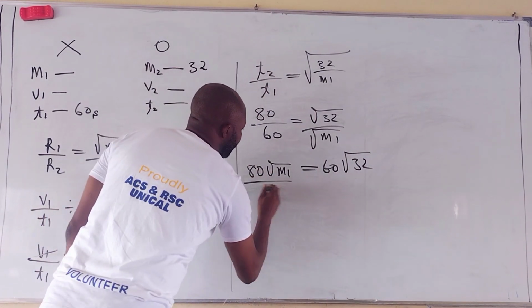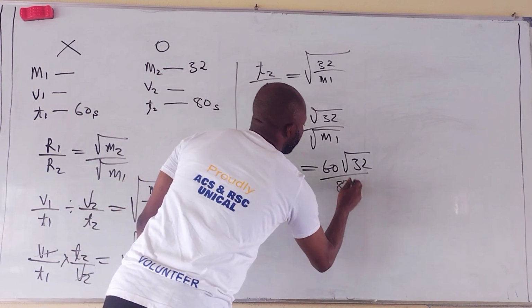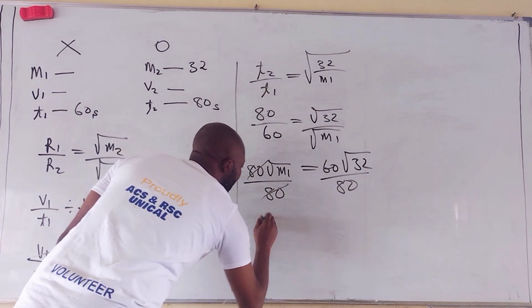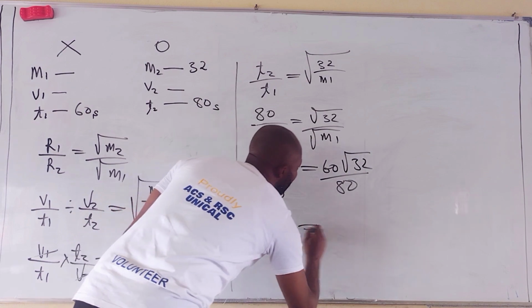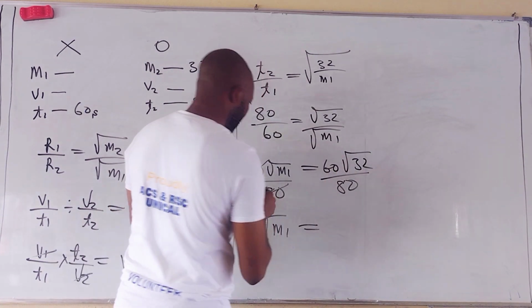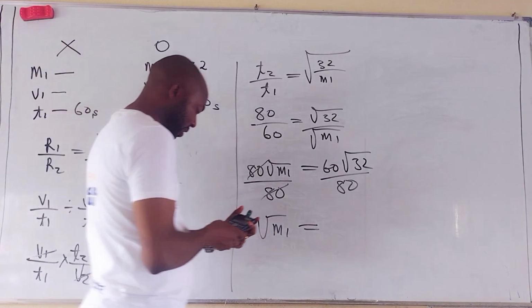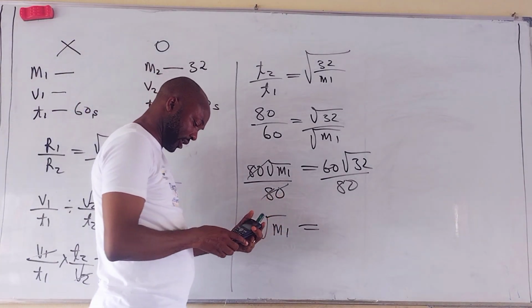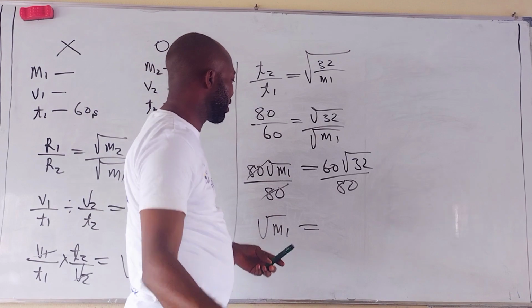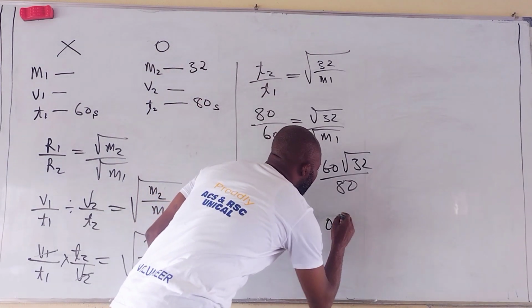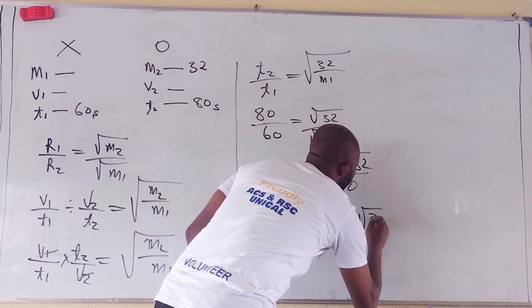Divide both sides by 80, so I have my root of M1 is equal to 60 over 80. 60 divided by 80 is 0.75, so root M1 is equal to 0.75 root 32.